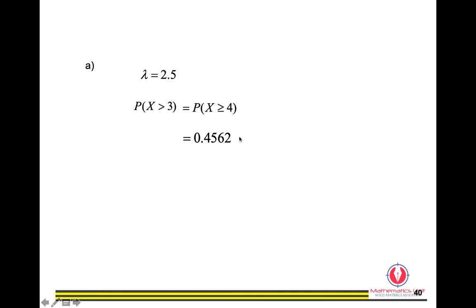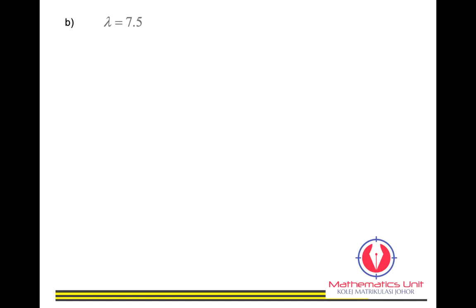So for B, find the probability that less than 10 breakdowns occur in a 3-month period. Now you see for A, we put lambda equals to 2.5. This 2.5 is actually per month. In B, the breakdowns occur in a 3-month period. So this means that we have to multiply 2.5 with 3. So the new lambda will equal 7.5.